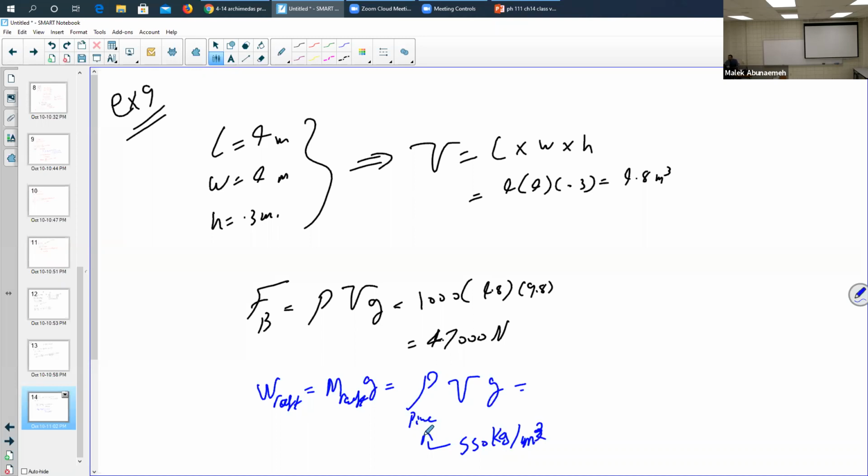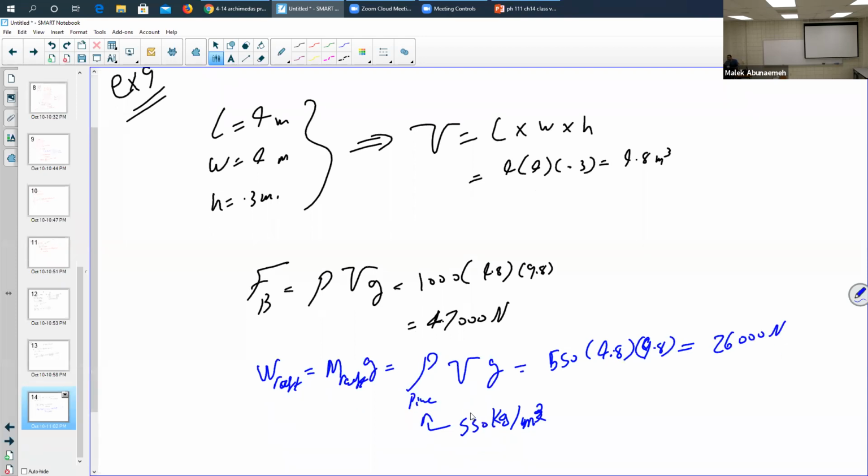That means your weight of the raft would be 550 multiplied by your 4.8 meters cubed multiplied by your gravity, which is 9.8. If you multiply all that, we should get 26,000 newtons.